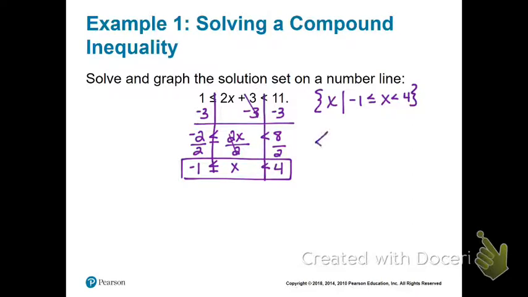We could also graph this because it said we had to graph it. And so remember, make sure you put your infinities, and I at least want to see the numbers that are involved here. And x is in between them, so that means we're going to graph where x is in between. We can see at the -1 it has an equal to, so we're going to use a bracket. And at the 4 it doesn't have an equal to, so we're going to use that parenthesis there.